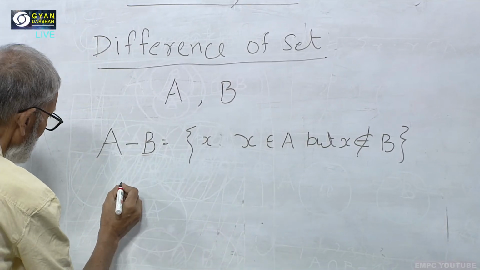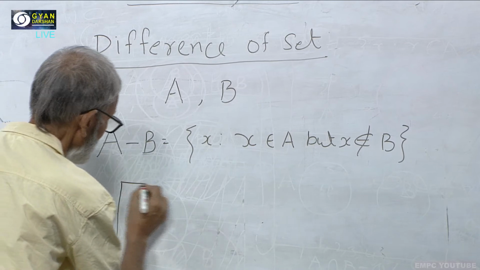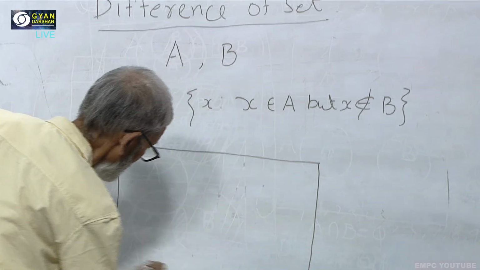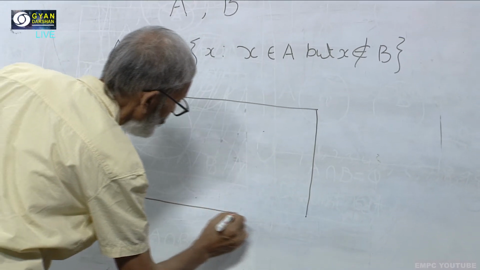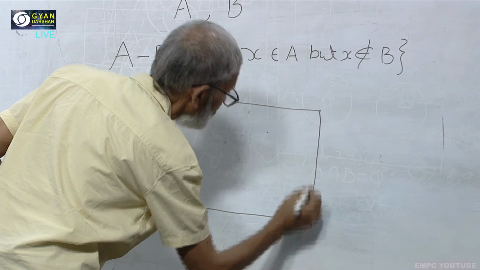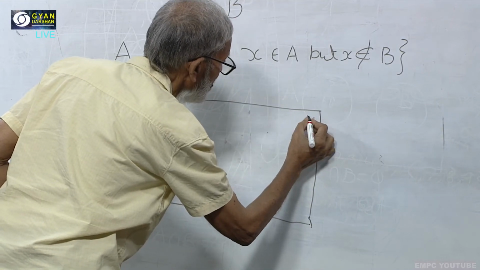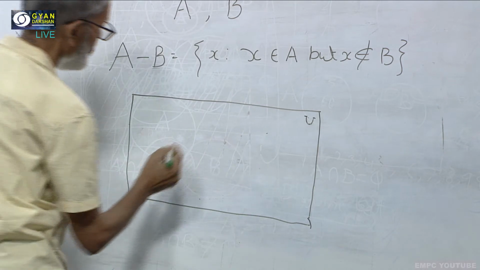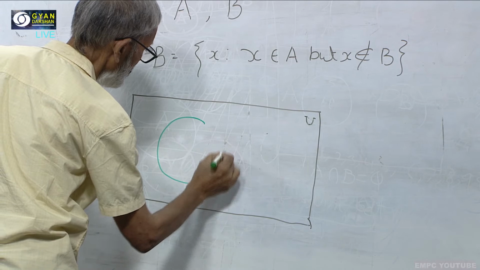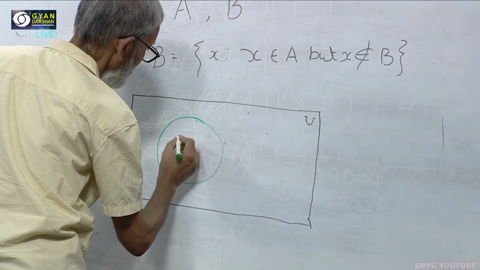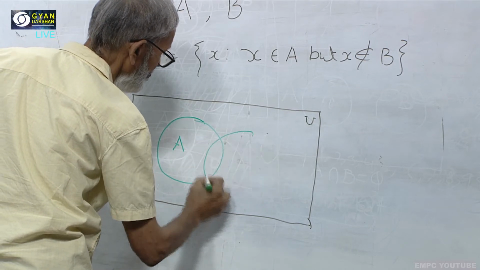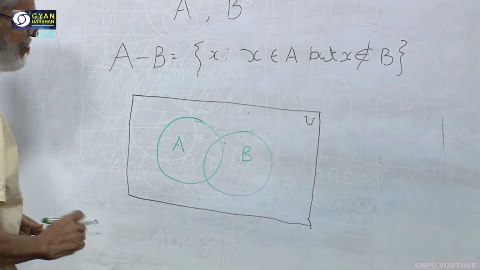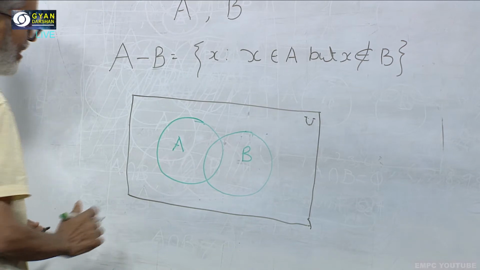How do we represent it? Suppose this is the universal set, this is A, this is B. So, what will be A minus B?